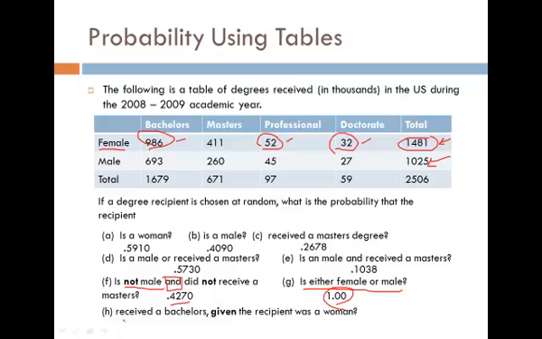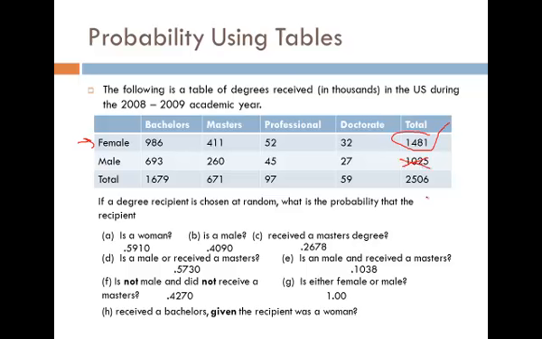Finally, what's the probability that the applicant received a bachelor's degree given that the recipient was a woman? The denominator is not going to be 2506 anymore. The denominator is going to be this number, the 1481, because we're now assuming that the applicant was female, so we can ignore these people.